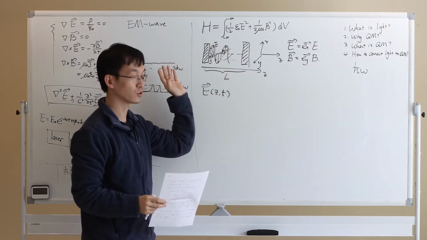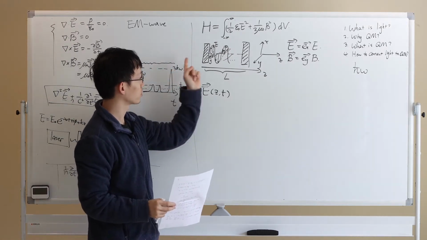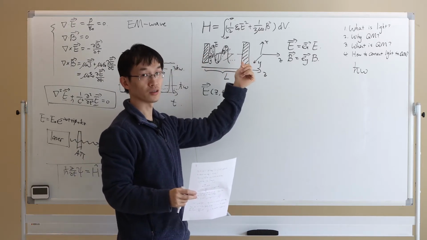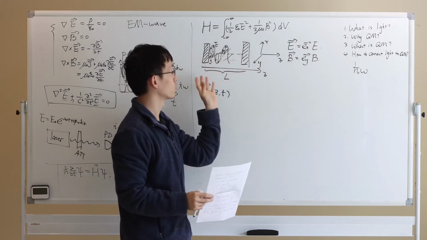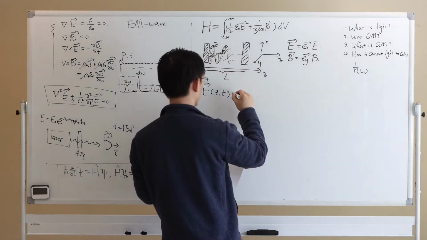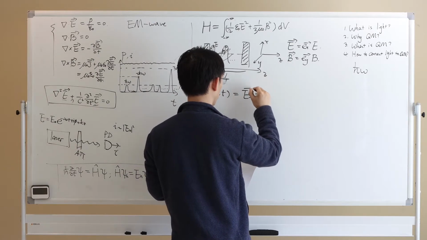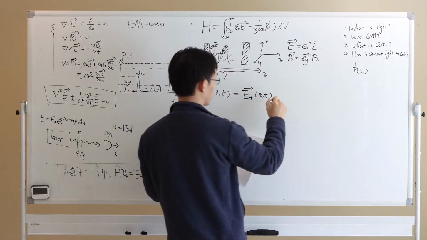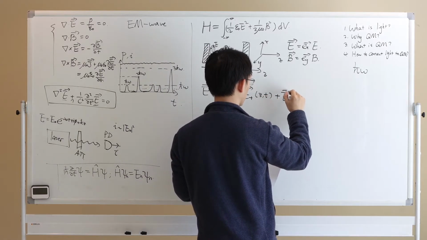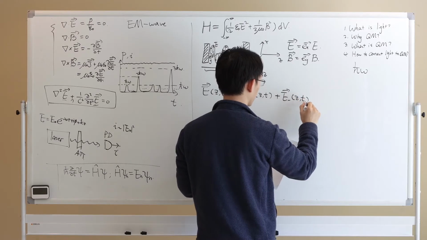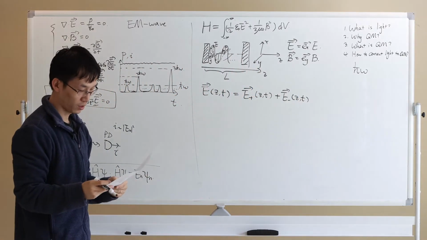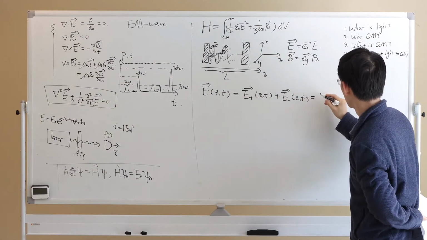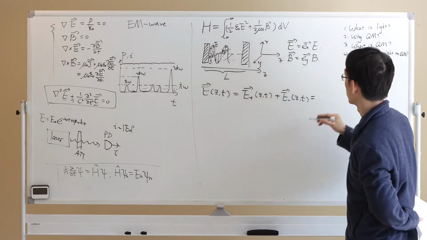On the electric wave, there are actually two components: one is propagating forward, the other is reflected backward. So when you write this down, there's a plus, which we say is forward, and a minus, which means backward, and both have their electric field pointing in the x direction.